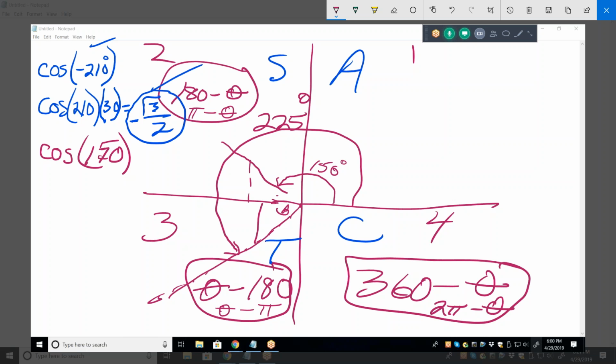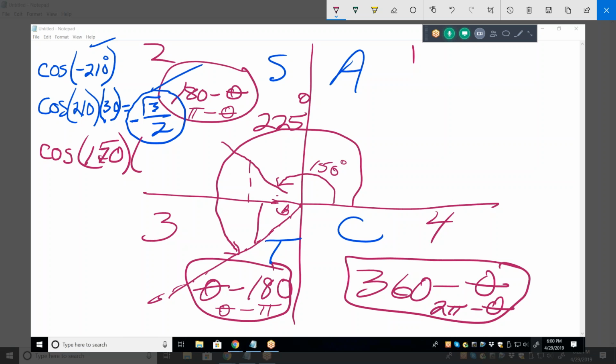In other words, if I was bothered by the negative sign and I didn't remember that it was an even function, well, I'm going to do it the hard way. First thing I'm going to do is turn it into a positive angle inside the unit circle. Well, I do that by adding multiples of 360 until I get an angle inside 360. First one I got was 150.